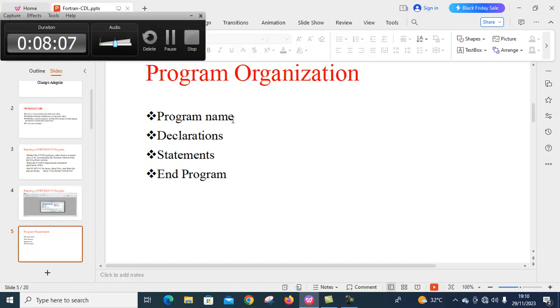Then you make sure that the program name is the same thing with the end program. You will see it in our next item, next calculations. The program name that you are going to put here must be the same with the one you will write after the end program. So the name must be the same.